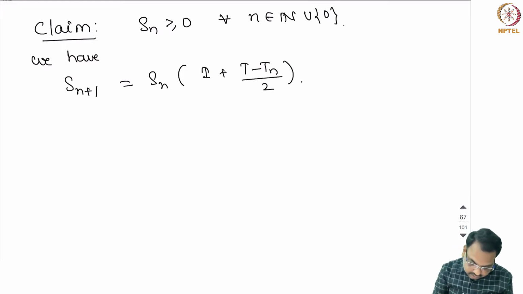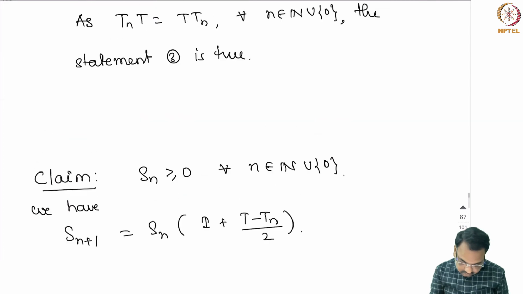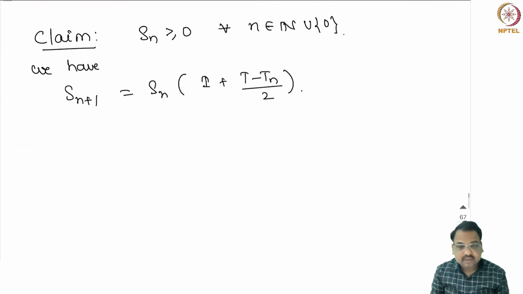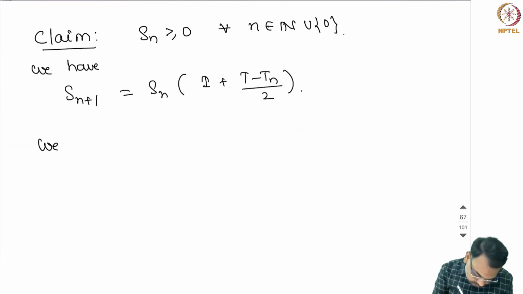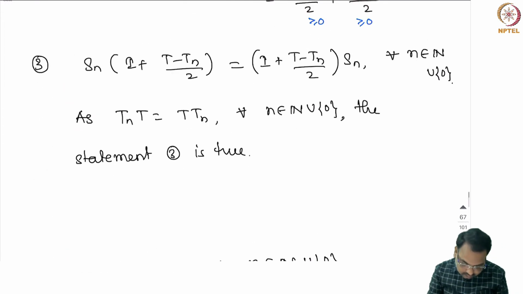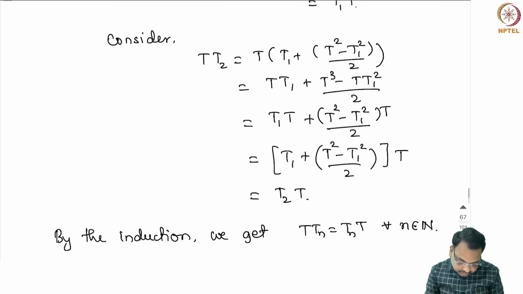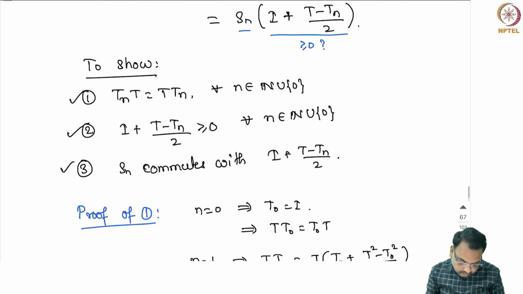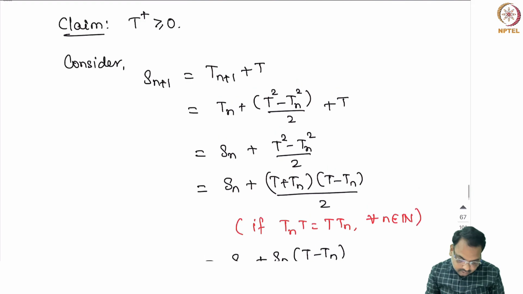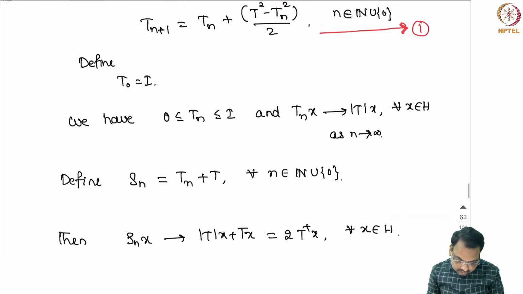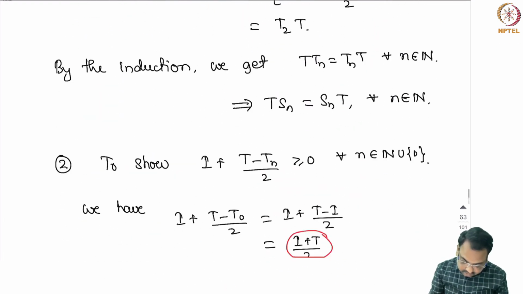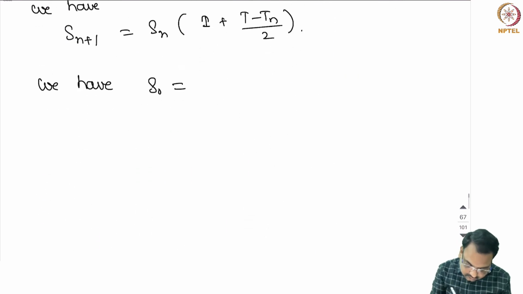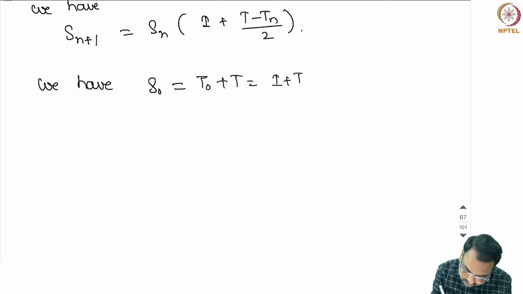So let us take, first we show that S naught is positive. So we have S naught by definition. S naught is T naught plus T. So this is T naught plus T, this is I plus T. We know that this is already positive.